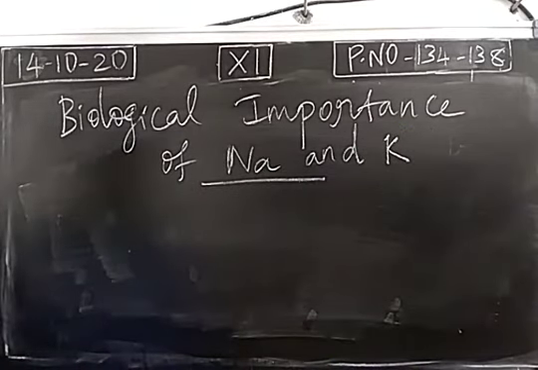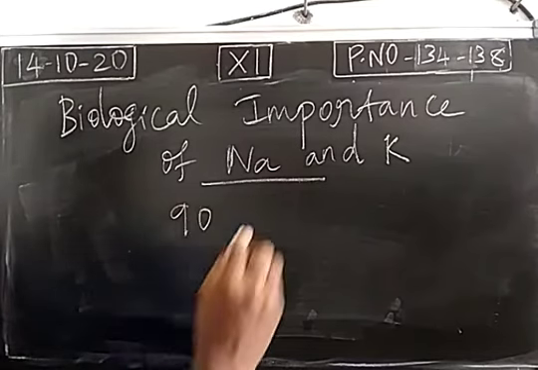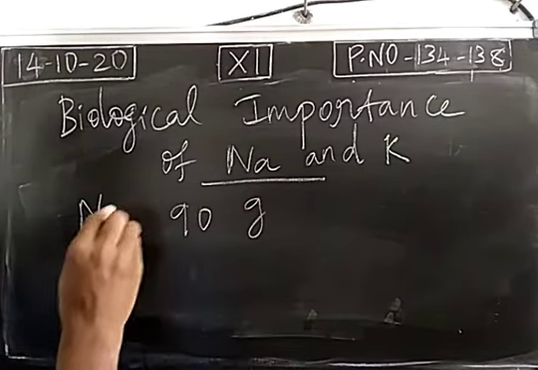So before studying the biological importance, we would like to know the elements present in the human body with their percentage. If you take a man with 70 kilogram weight, he contains 90 gram sodium.